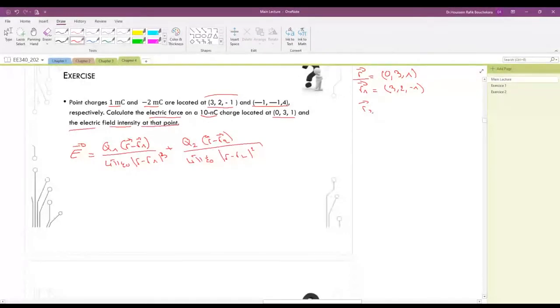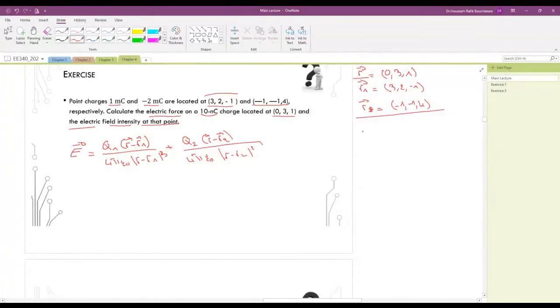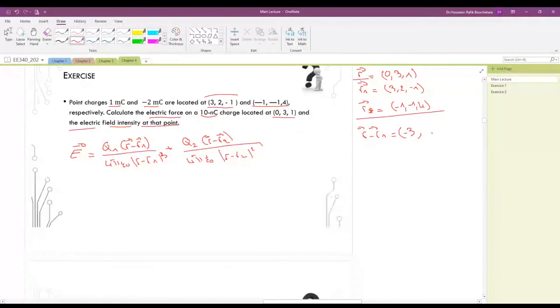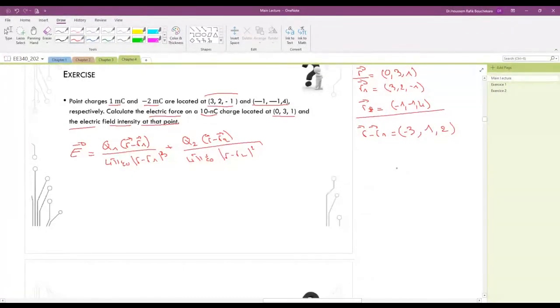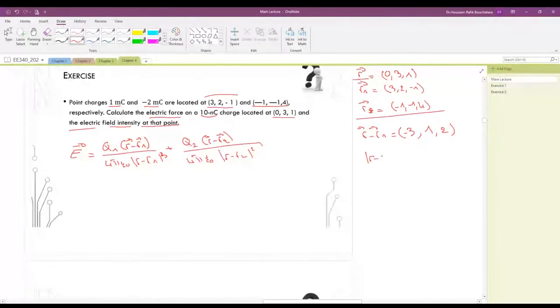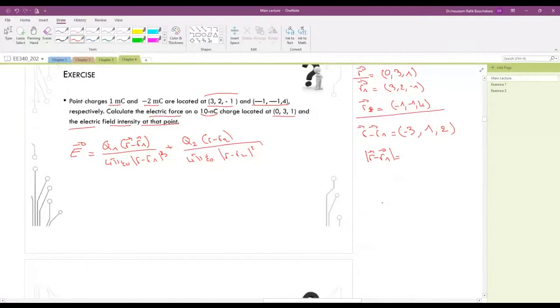R2 is (minus 1, minus 1, 4). Now, R minus R1 equals what? Come on, guys. It is (minus 3, 1, 2).